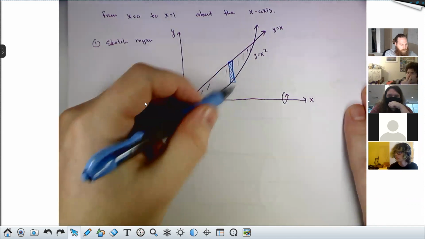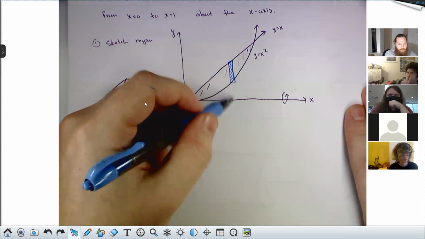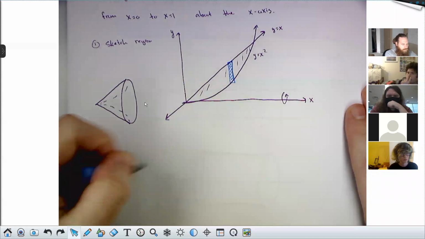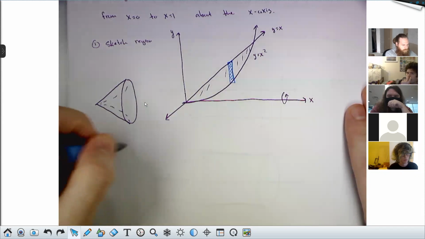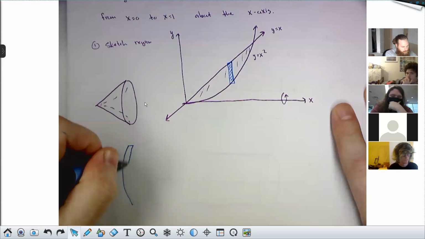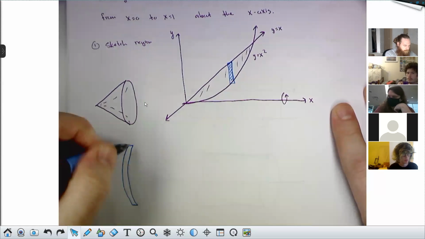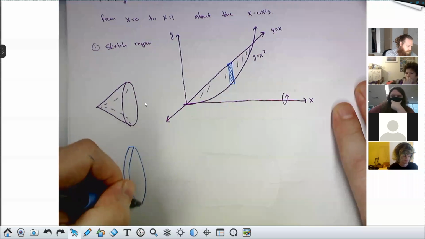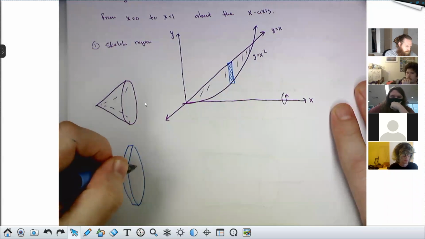There's going to be a gap between the bottom of my strip and the axis of rotation. So rather than getting the full disk like we got last time, we're going to get an annulus. We're going to get a washer shape.